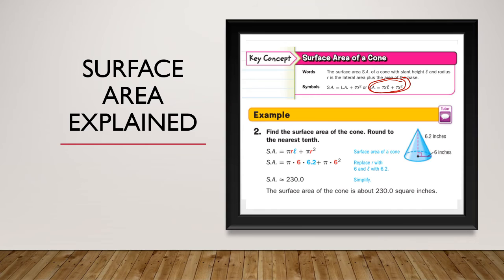So those are the two numbers that we need in order to replace those symbols within our equation. You can see where the 6 is replaced with the R, which stands for the radius, and the 6.2, which is in blue, is replaced with the slant height. In this example, when we type this into our calculator, we get 230 inches squared.